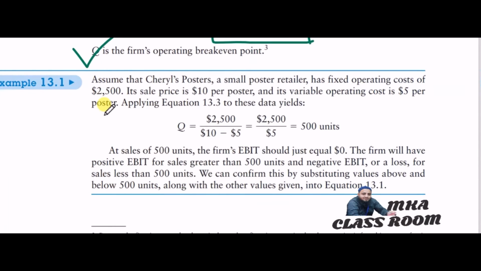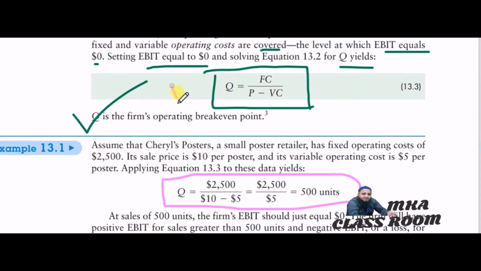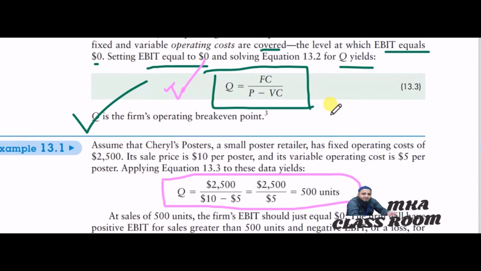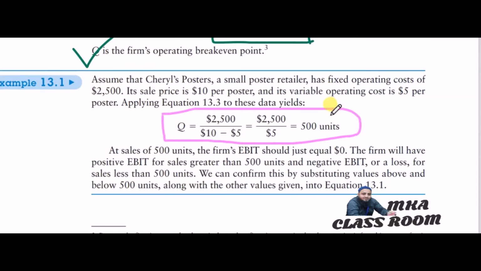As an example, assume a small poster retailer has fixed operating costs of 2500 taka. Its sales price is 10 taka per poster and its variable operating cost is 5 taka per poster. What is its break-even point? Using the formula, 2500 divided by (10 minus 5) is 500 units.